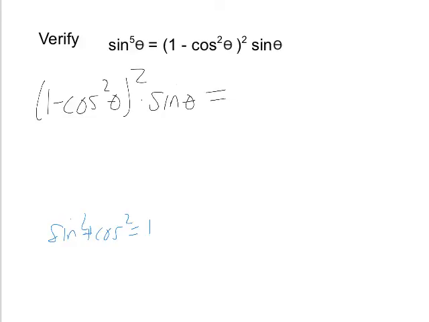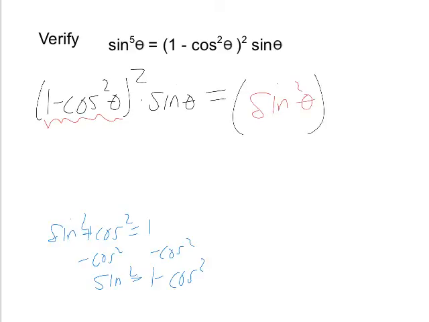And if I subtract cosine squared from both sides, I see that sine squared equals 1 minus cosine squared. Okay, so that's what I'm going to use because that's sitting right there. So 1 minus cosine squared is the same thing as sine squared. Okay, now that was still squared, and you are going to multiply it by sine of theta.